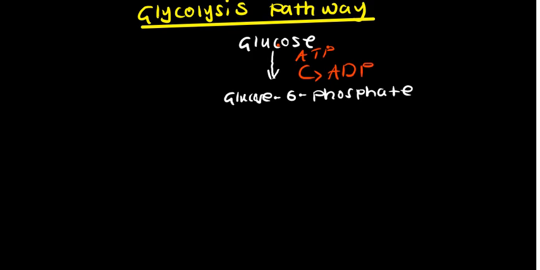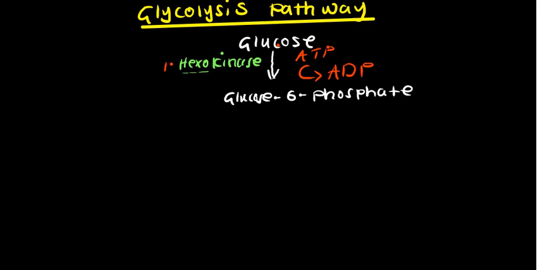Here you have the first enzyme, the one that catalyzes this reaction. And this enzyme is called hexokinase. Remember, glucose has got 6 carbons, hence hexokinase.